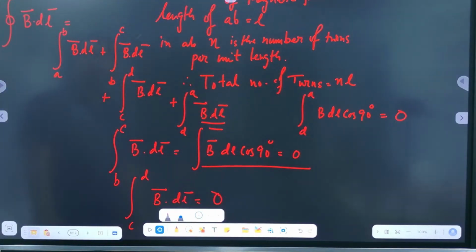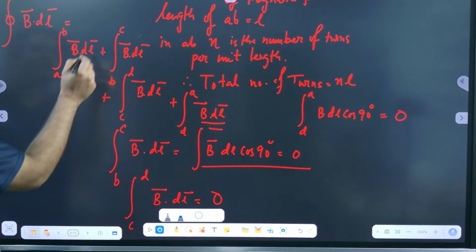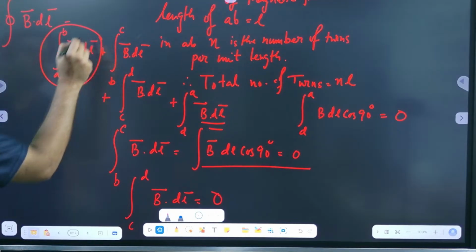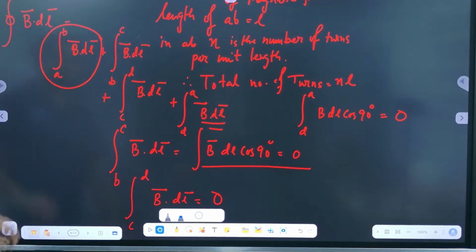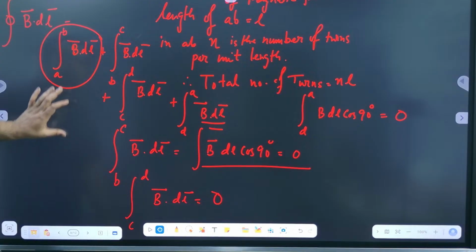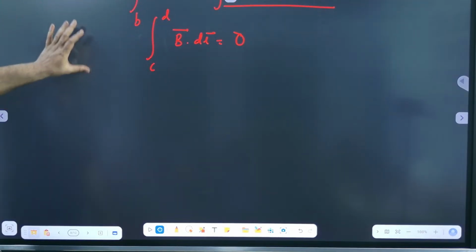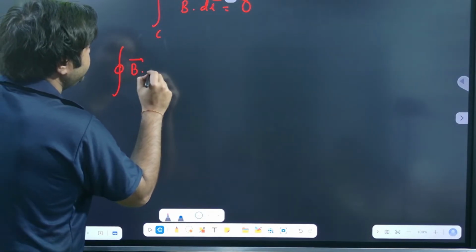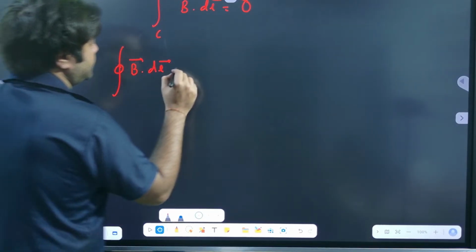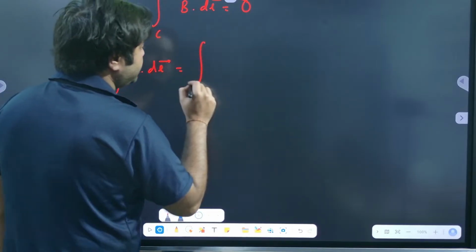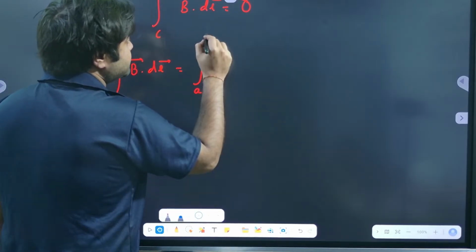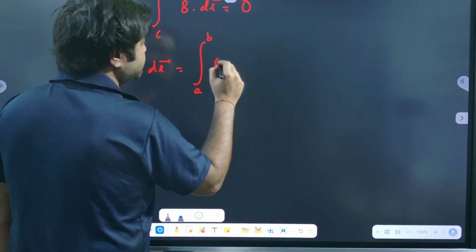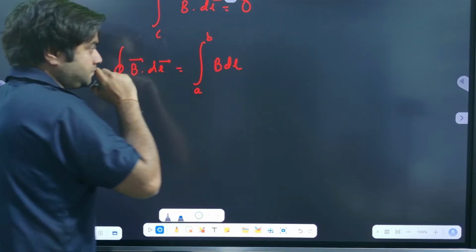So as a whole we can say that, look very carefully, only this part is existing. So we can write the integration of B dl over a closed contour for a solenoid is just only from A to B, B dl.